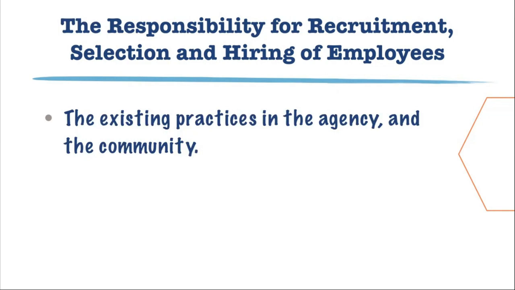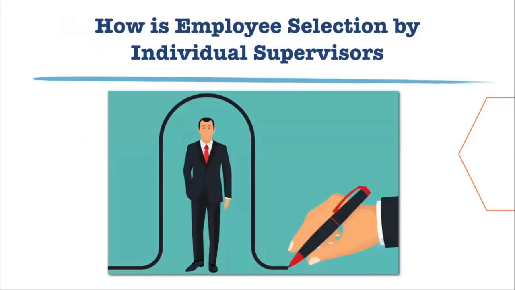Now, the question is, how is employee selection by individual supervisors? In agencies where employee selection is not performed by the personnel department, the choice of employee is usually left to the line supervisor. There are obvious disadvantages in this arrangement.